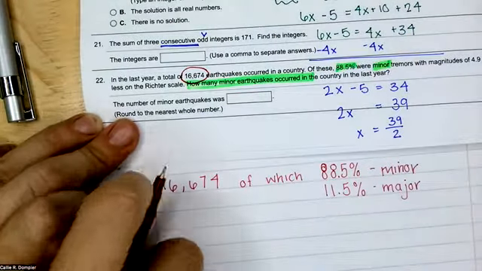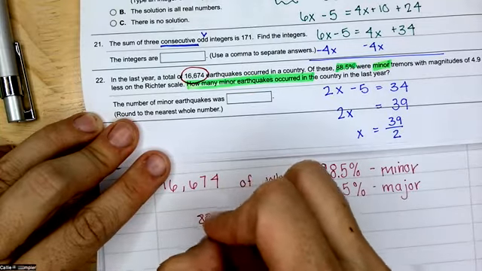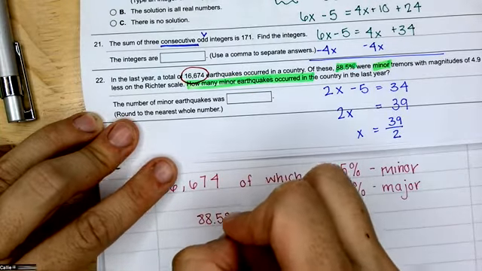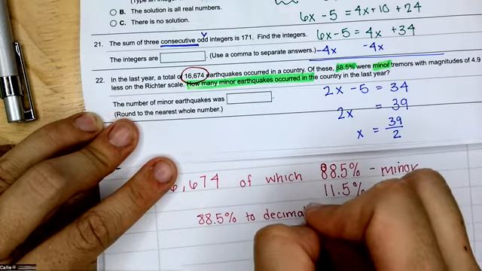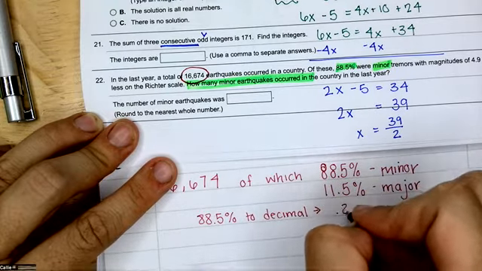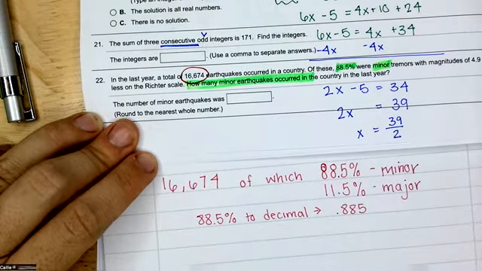Now it's just a matter of changing 88.5% to decimal: 0.885. Good.